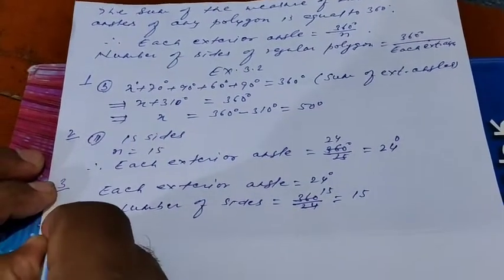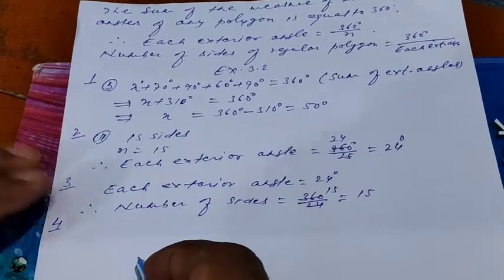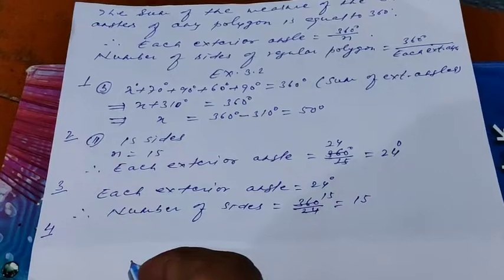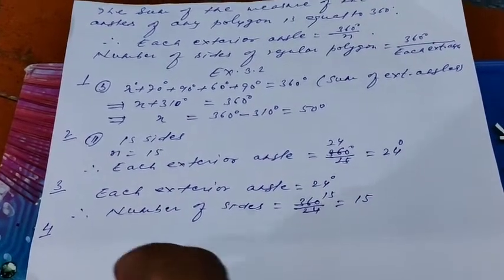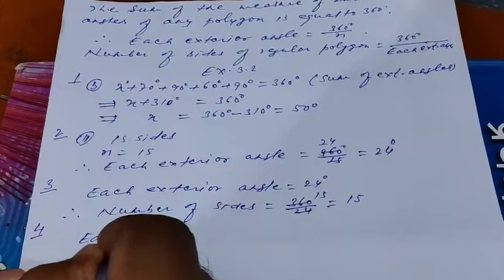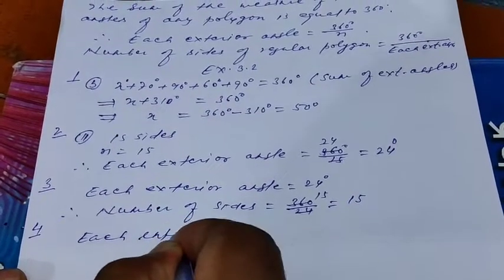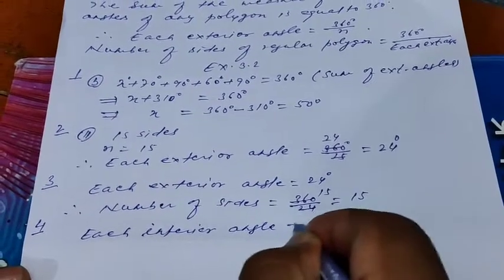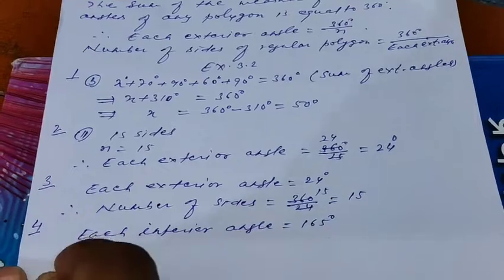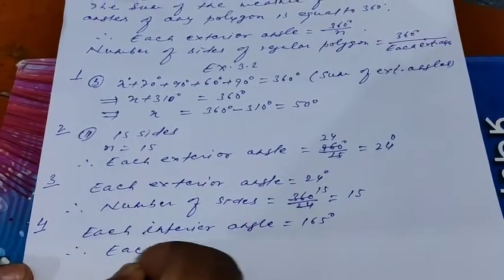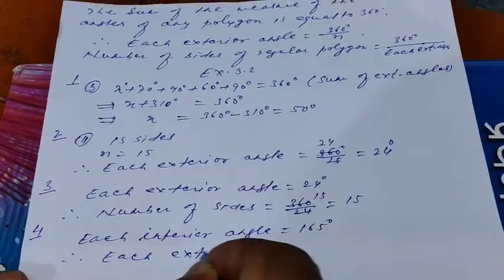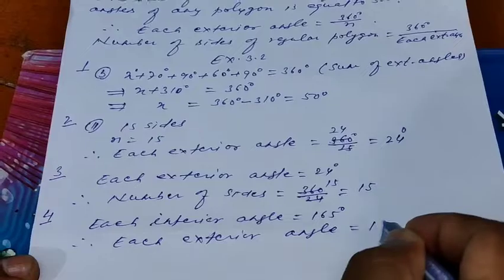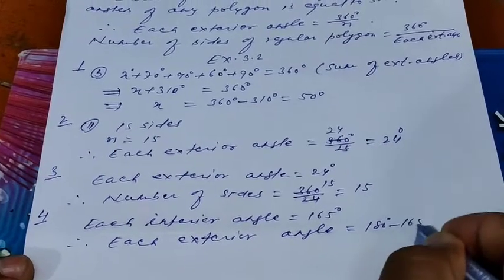Now question number 4. How many sides does a regular polygon have if each of its interior angle is equal to 165 degrees? Each interior angle is given, equal to 165 degrees. Therefore, each exterior angle is equal to 180 degrees minus 165 degrees.